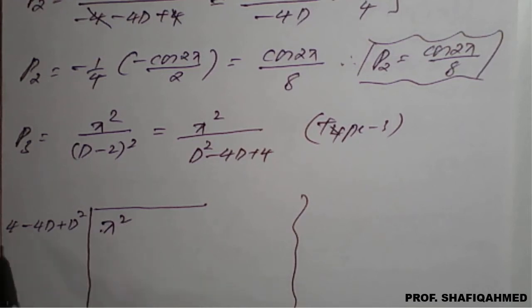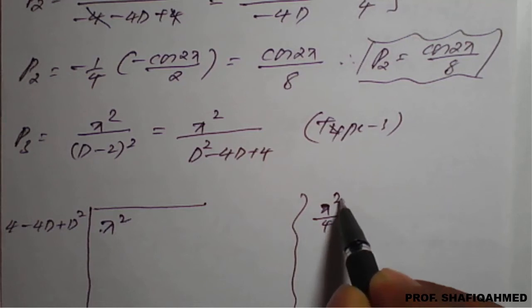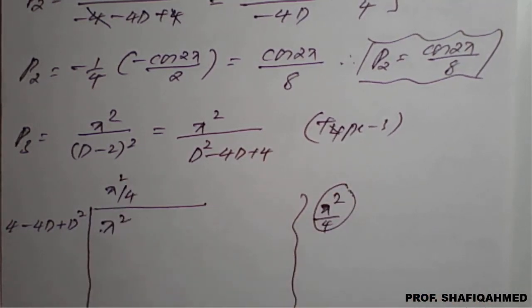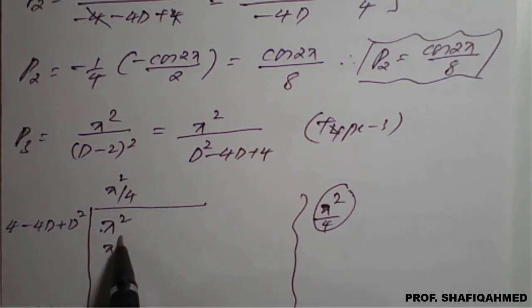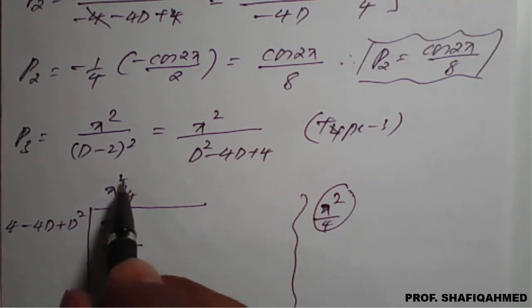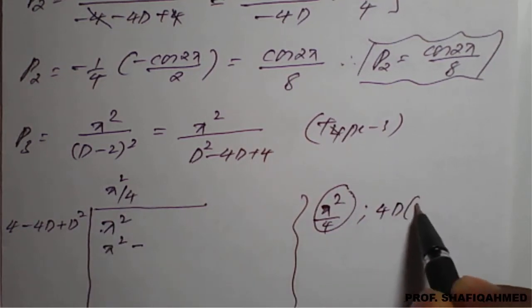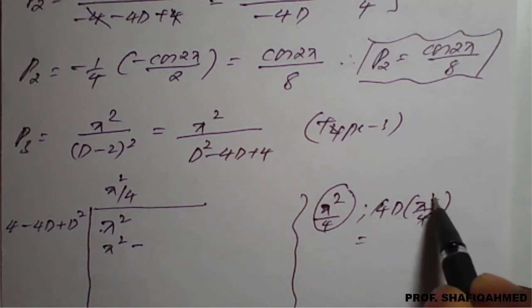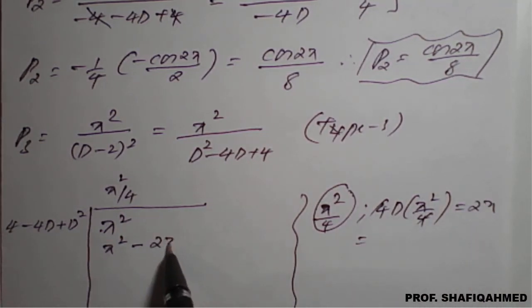First term divided by the first term of the divisor, that is x square divided by 4. So it will be x square by 4, which we write here. Then 4 times x square by 4 will be x square. Minus into plus is minus, 4 times the differentiation of x square by 4, this 4 cancels, so the differentiation of x square is 2x, which we write here.